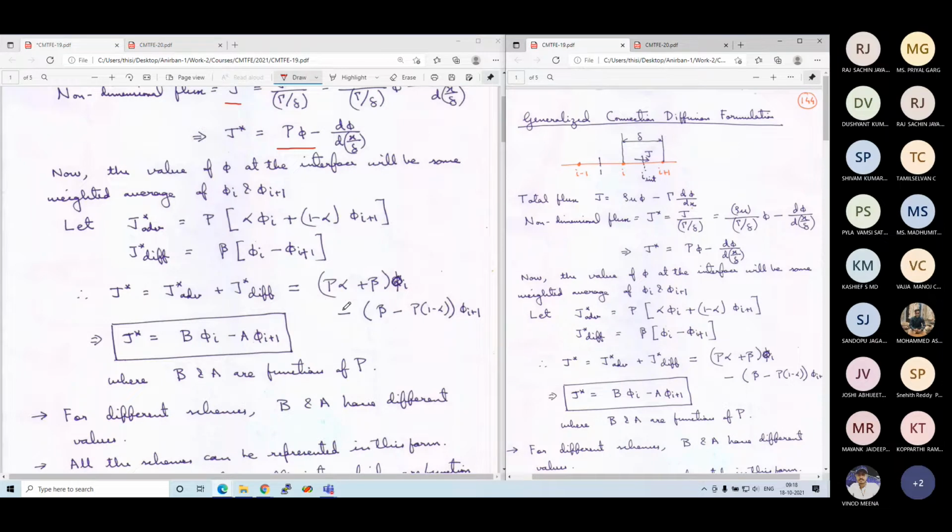Okay. So we can write this P alpha plus beta as some coefficient B, where B is a function of Peclet number. Alpha, beta are functions of Peclet number. P also, P obviously is the Peclet number. B is a function of Peclet number.